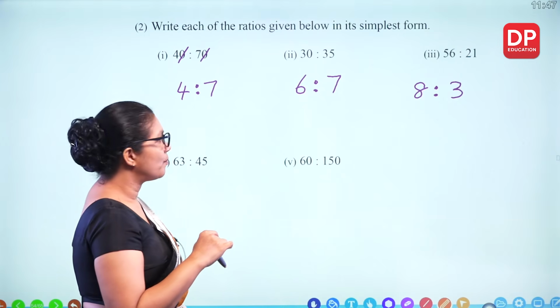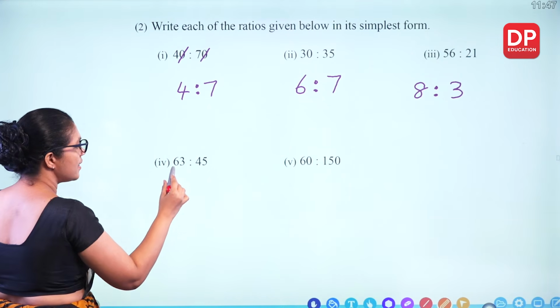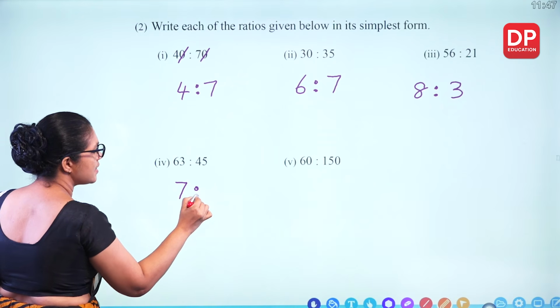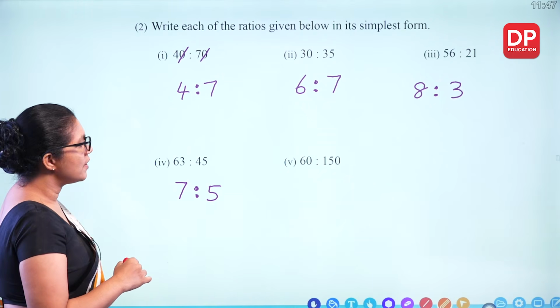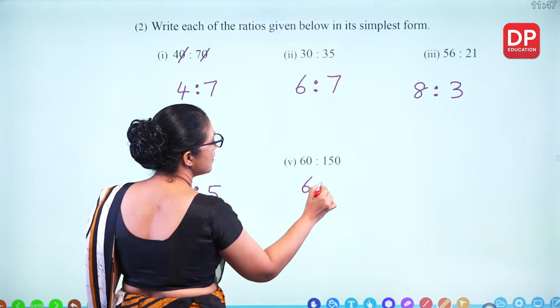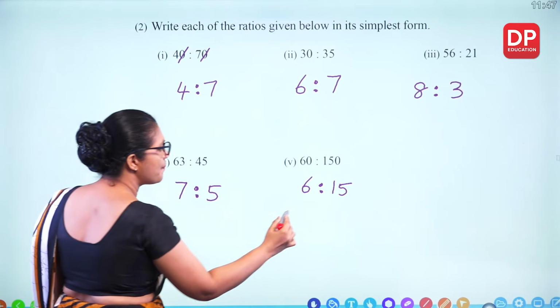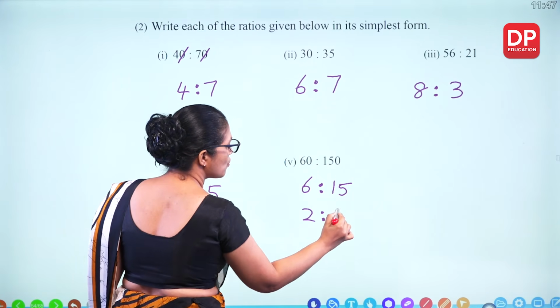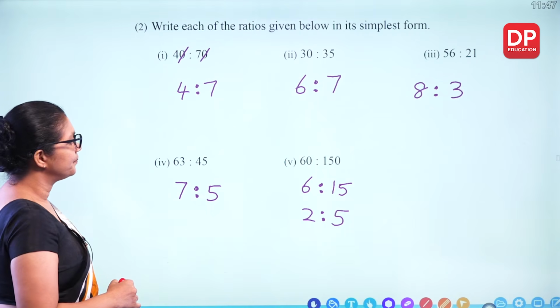That's the simplest form. This one divide by 9. 9 times 7, 9 times 5. You can't simplify further. This one first will divide by 10. You get 6 to 50. Divide this by 3. 2 to 5. So that's the simplest form.